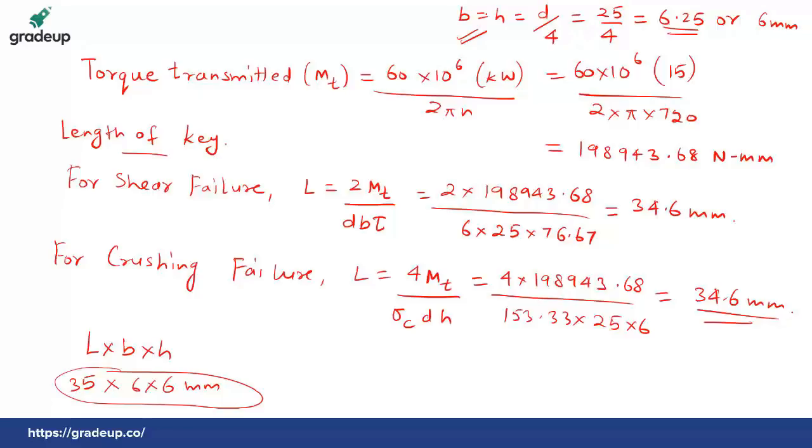This was just an example to tell you how to solve it, what the procedure is, if you get a question on keys in the examination. If it has been asked specifically what the length is for shear failure, or for crushing failure, then you can find it using the single formula. But if it is not asked, then you have to check using both criteria of failure.